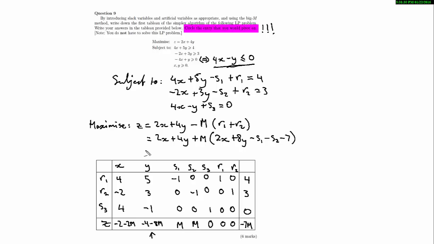So in other words, y will be our entering variable. Now we look at the ratios 4 on 5, 3 on 3, and 0 on -1, and we're after the least non-negative ratio out of these three, and in this case it's 4 on 5. So our pivot element is this element here, and that's it for this question.